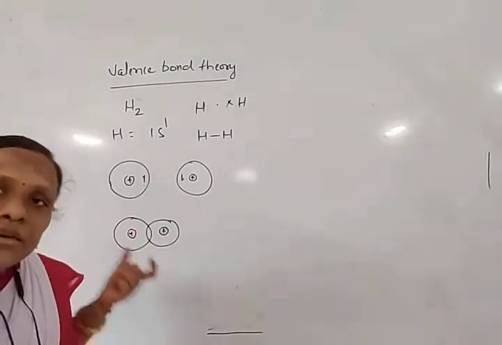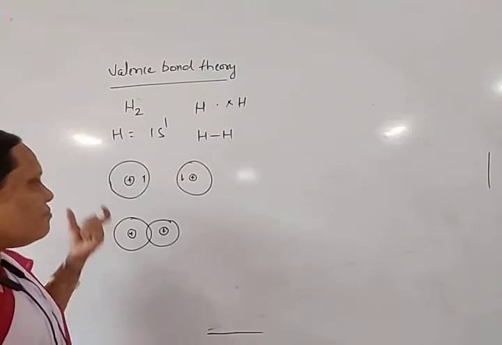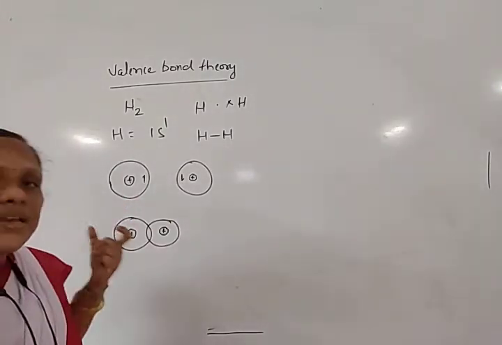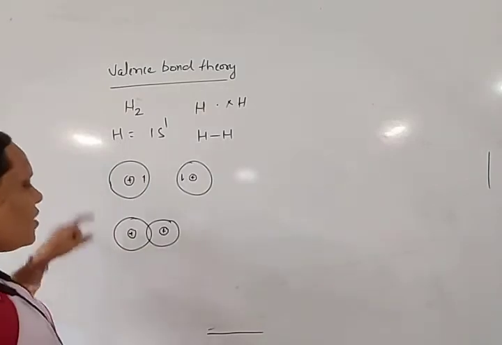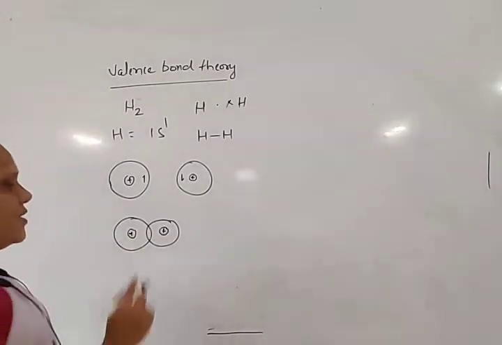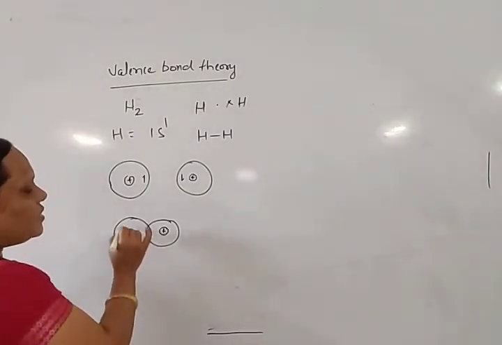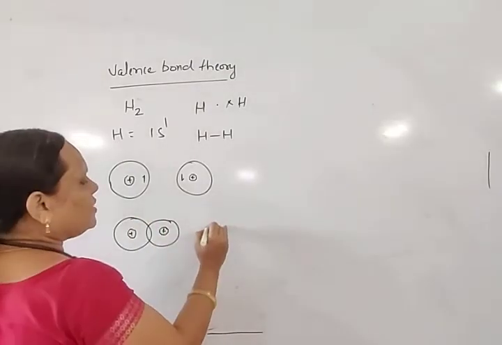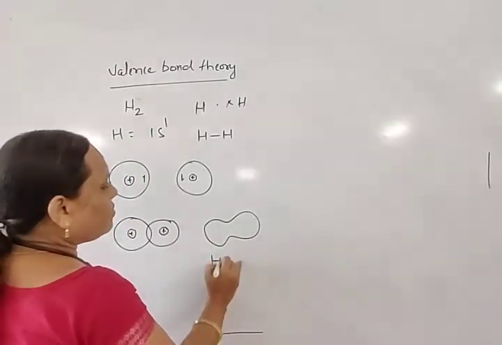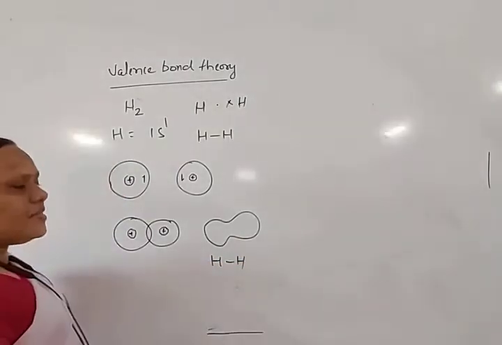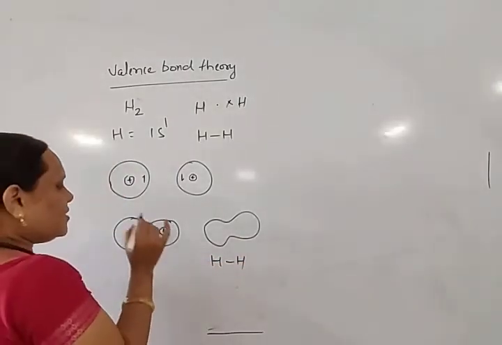Not the inner shells, only the valency shells which contain unpaired electrons overlap to form a bond. In this formation of H2, due to this overlapping, the bond is formed like this, and it forms the H-H bond. So this is the H-H bond.